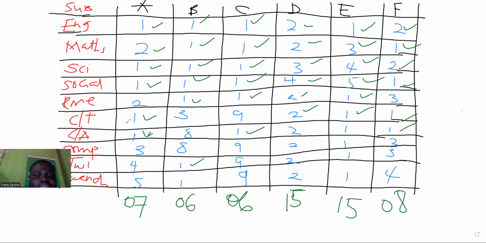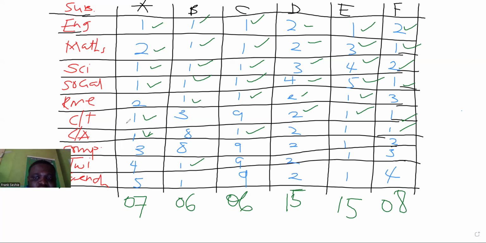So on paper, candidate B had more ones than candidate C, but they both had 6. Now watch candidate E. Candidate E also had 7 ones, which is far better than candidate C, who had 6 ones, but candidate C had 6 and candidate E had 15.